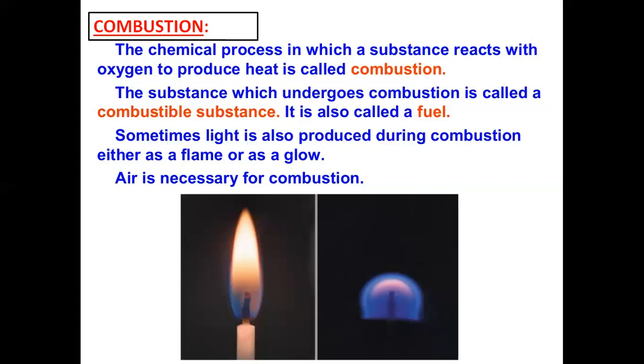It is also known as a fuel. Sometimes light is also produced during combustion, either as a flame or as a simple glow. So this was the definition of combustion, the process in which a substance reacts with oxygen to produce heat. So air is necessary for combustion.